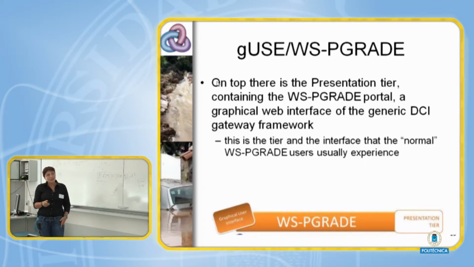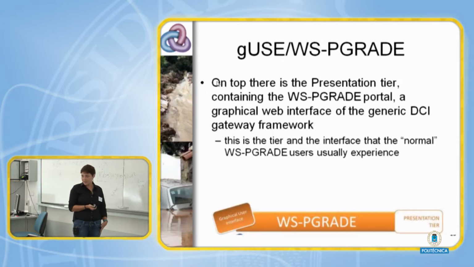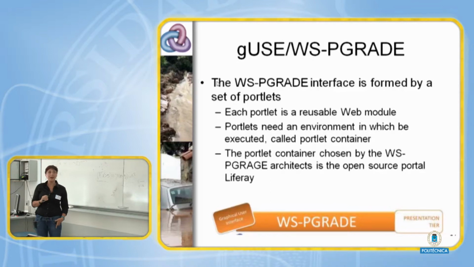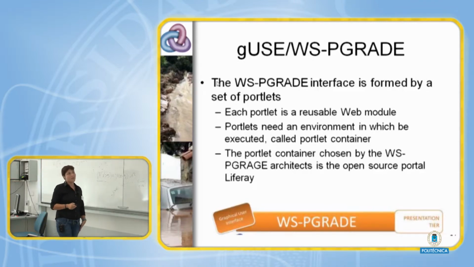And it is actually a web interface to access all this facility and to exploit the DCI bridge and so on. So the interface is made up of what is called a set of portlets. Each portlet is a web module that is reusable and has to be deployed through a container.